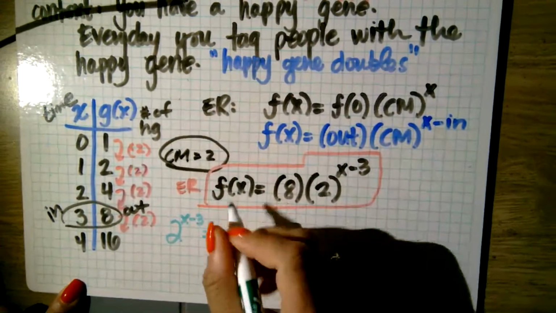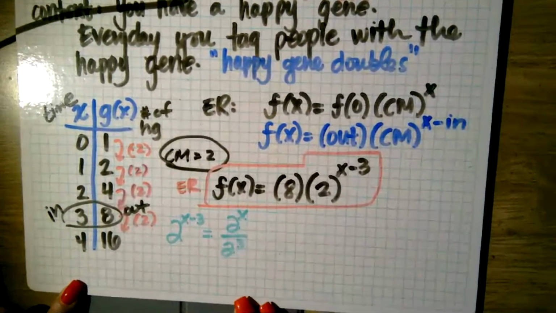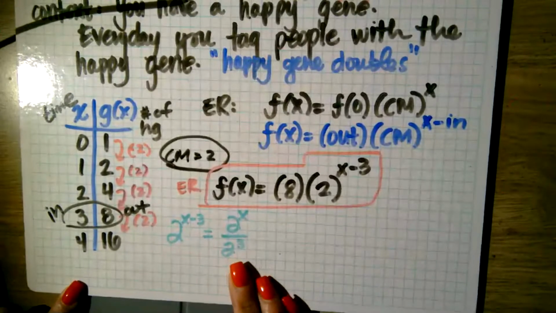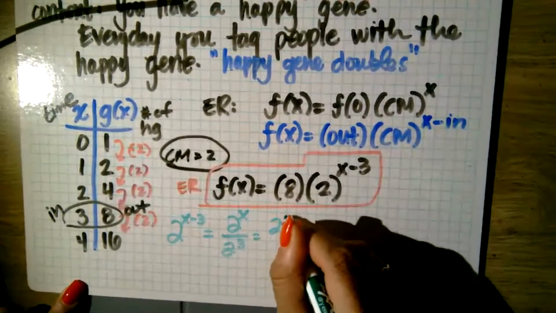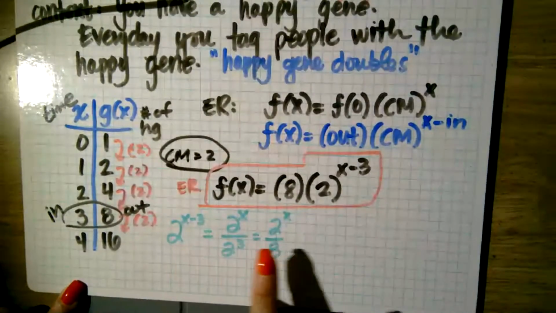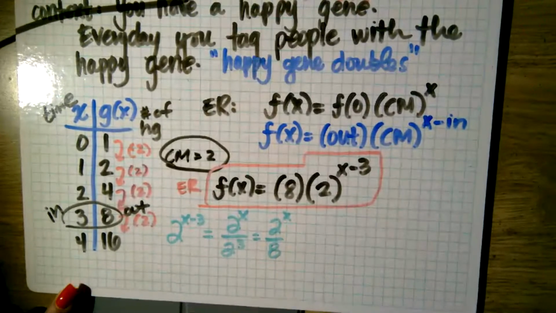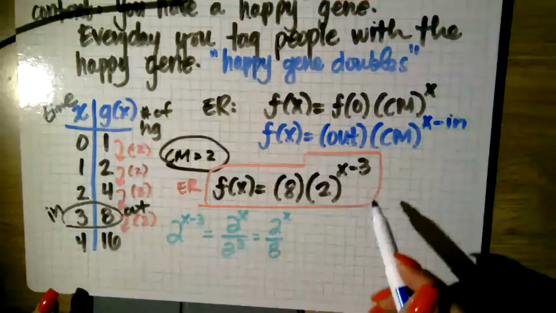So this really means that I have 2 to the x over 2 to the third on the bottom. I recognize that 2 to the third is 2 times 2 times 2, which is 8. So this really means 2 to the x over 8. So this 2 to the x minus 3 simplifies to 2 to the x over 8. So watch what I'm going to do. I'm going to go ahead and now plug that in to this one here.